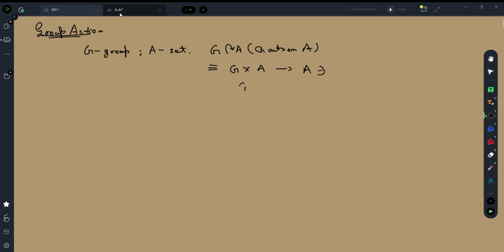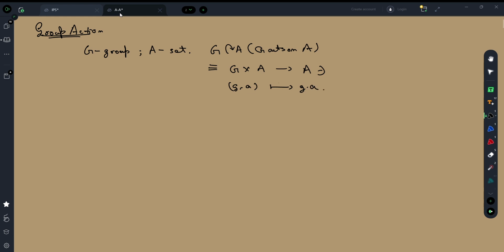What are the properties? Property number one concerns the identity element along with any arbitrary element of A. Let me use the usual notation, that will be more precise. The map sends the pair (g, a) to g dot a.